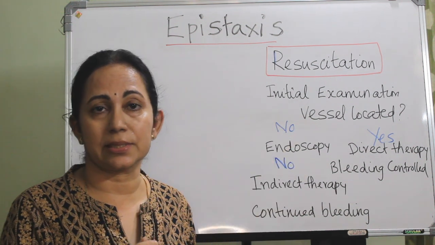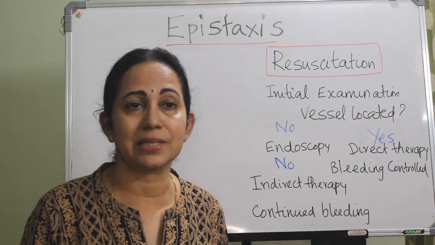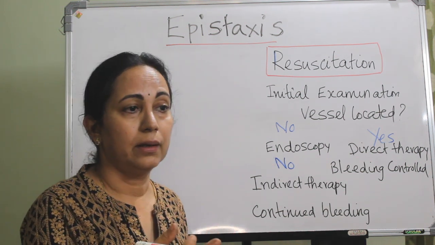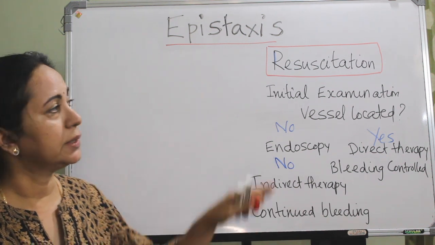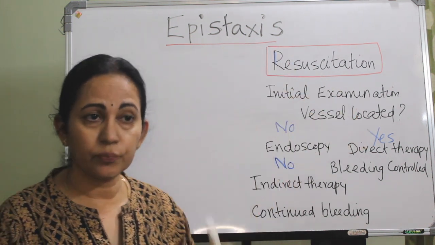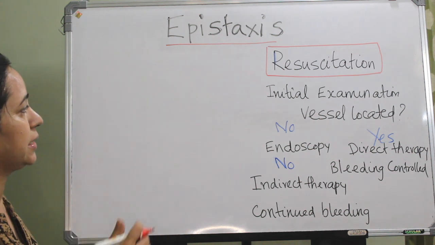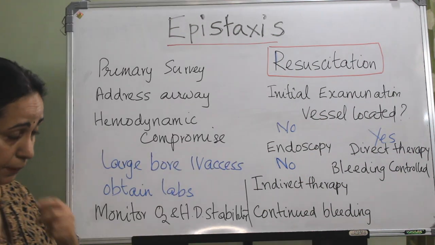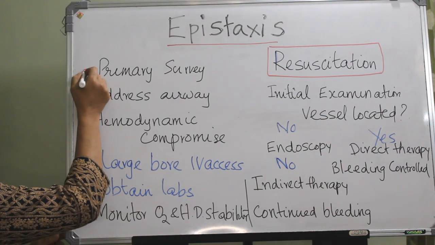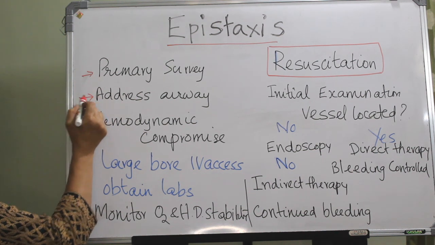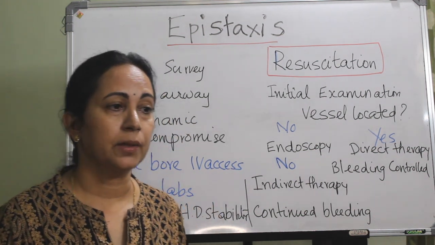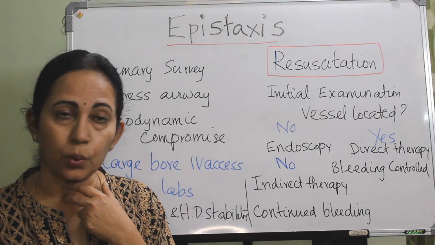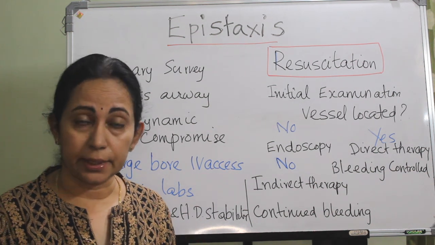But in most cases, around 70 to 80% of epistaxis comes through the trauma and emergency department. The resuscitation must have been done there. If not, you have to go with the resuscitation techniques, so start with the primary survey. Along with that, address the airway also. Especially if the patient is coming after a road traffic accident, there may be a chance of clot in the oral cavity that has to be removed.